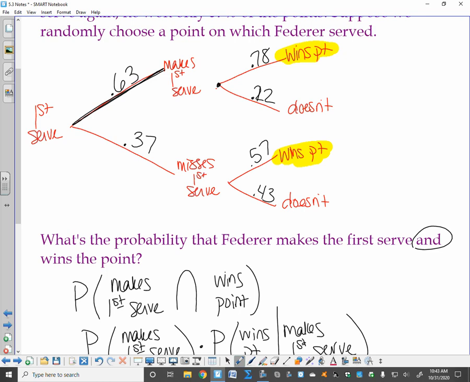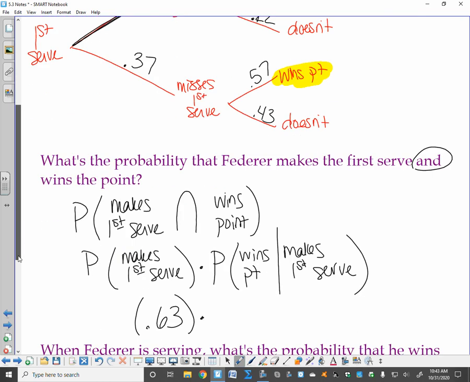It's not 78% of the time he wins the point. It's 78% of the time that he makes his first serve that he wins the point. 57% of the time that he misses his first serve, he wins the point. So that's not 57% out of 100, that's 57% out of 37%. Okay, light bulbs should be going off if they haven't already.